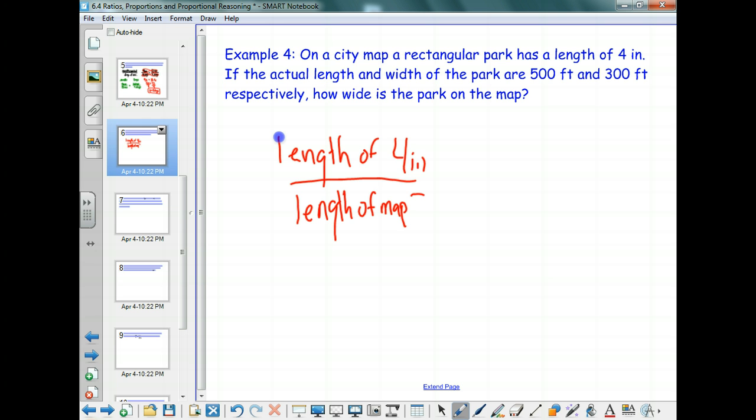I think the map was the 4. That's right. So you can write length of, and then what will it be? Okay, you got one ratio, 4 over 500. Now what should this next ratio be? Length or width of x.